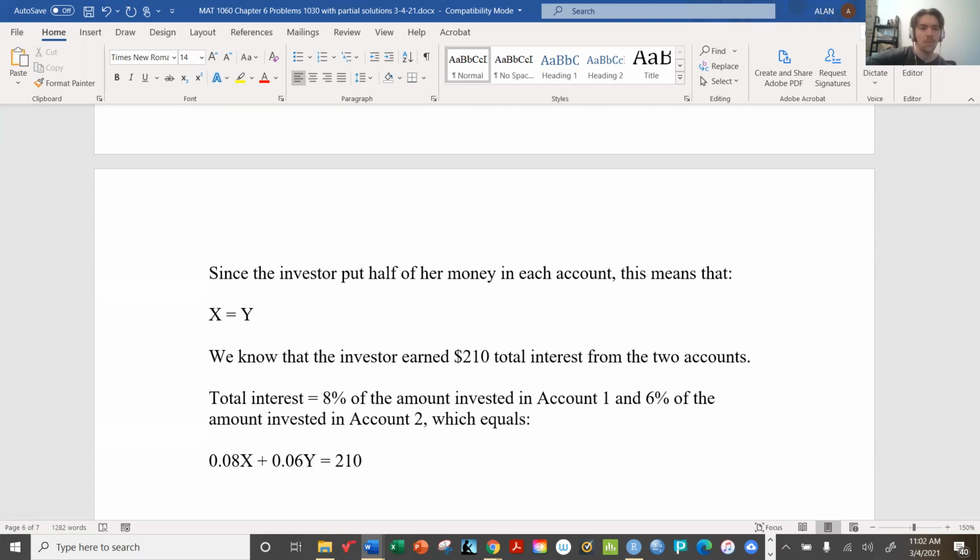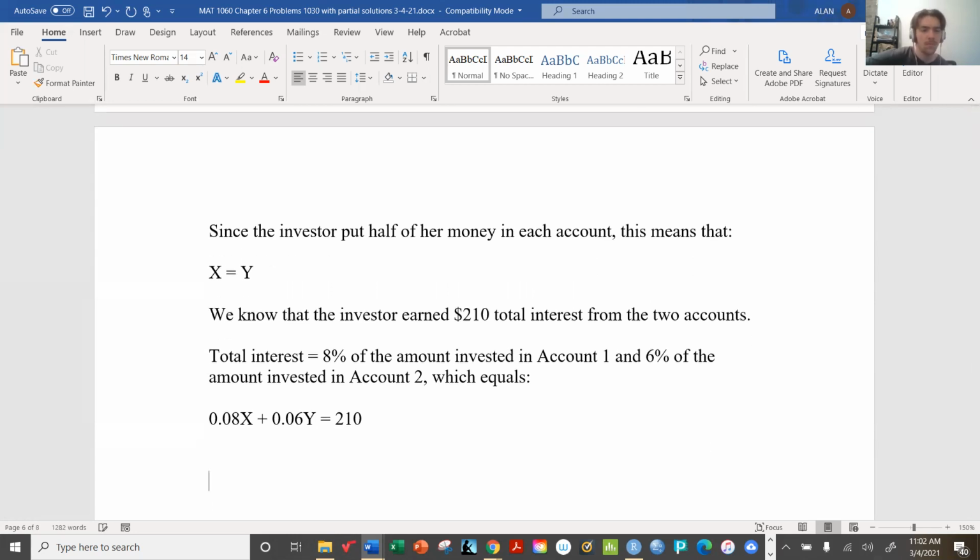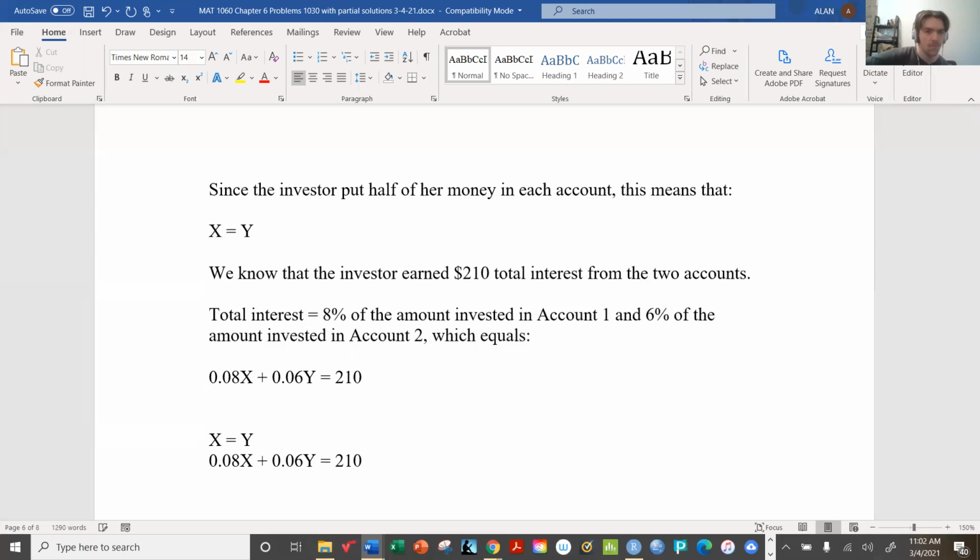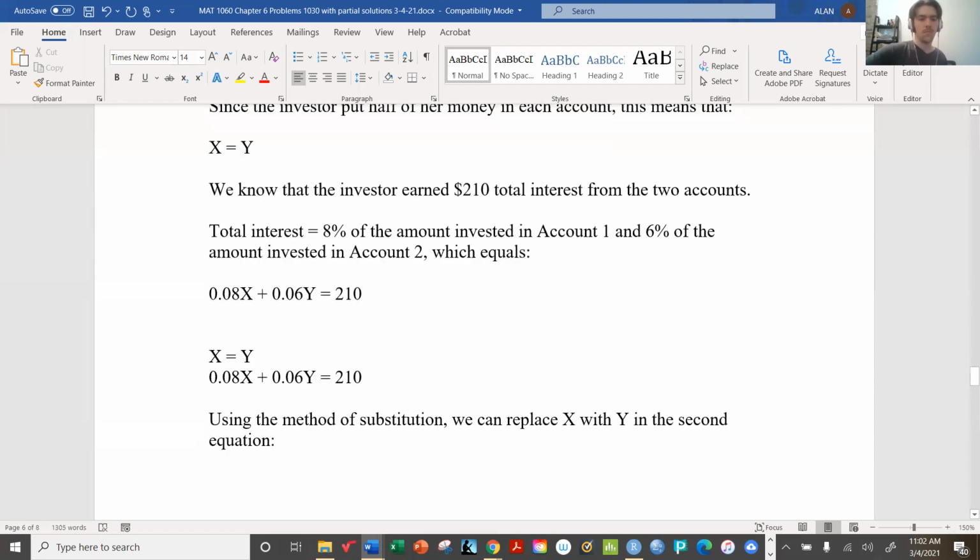All right, so let's just lump them together again, right down here. So using the method of substitution, we can replace x with y in the second equation, since they're equal to each other. Why not? So we'll start with the same equation, and then I'll replace that x with a y.